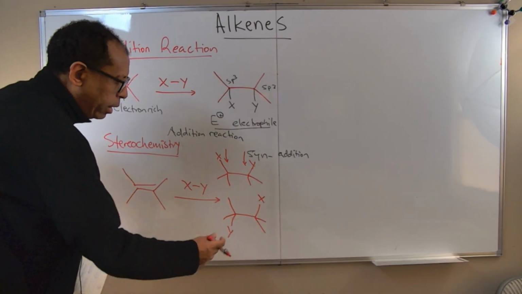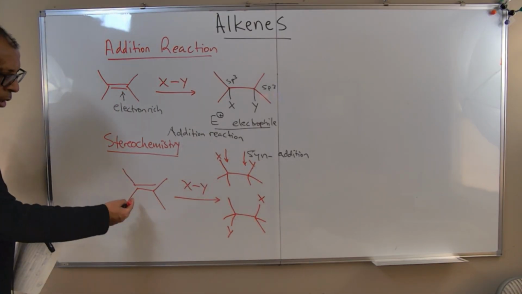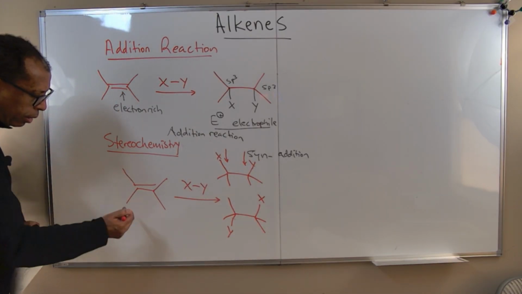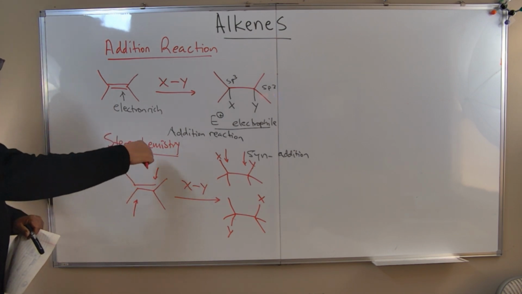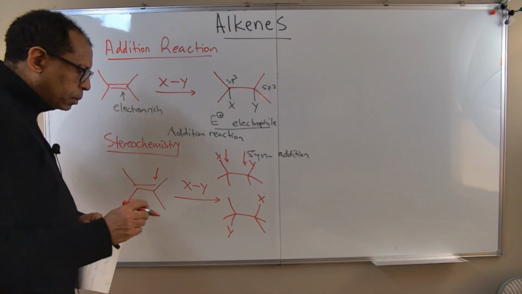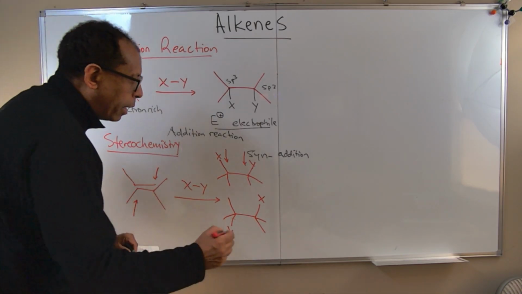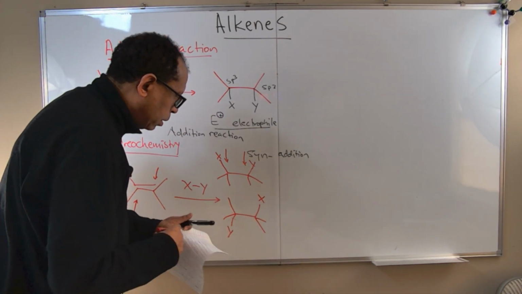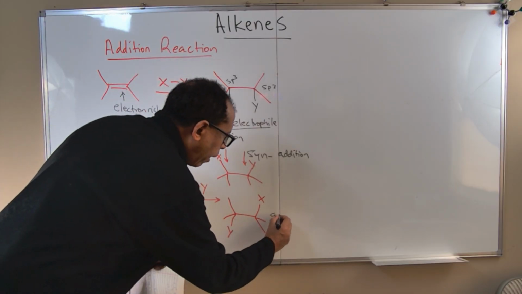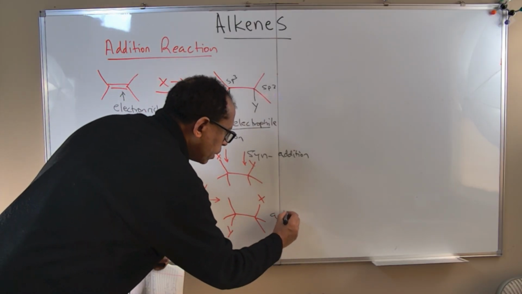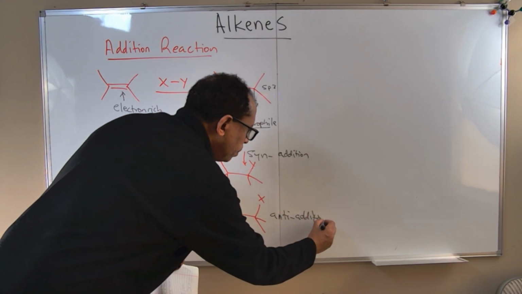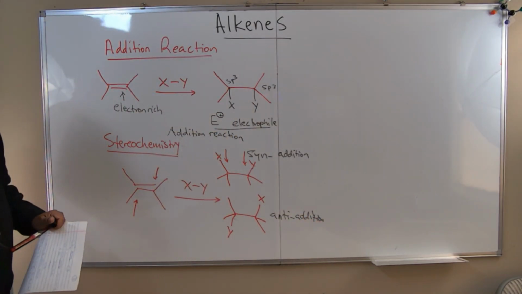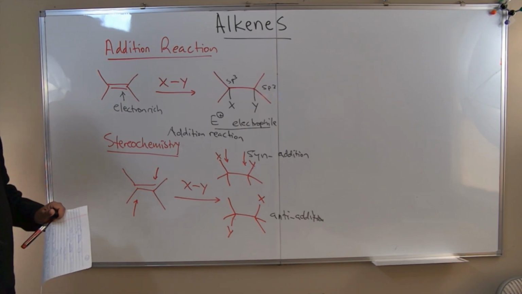XY is adding from different faces, so here Y is adding right here, and X is adding from that side. This is called anti-addition. So there is syn and anti-addition. Okay? So we'll continue more on this.